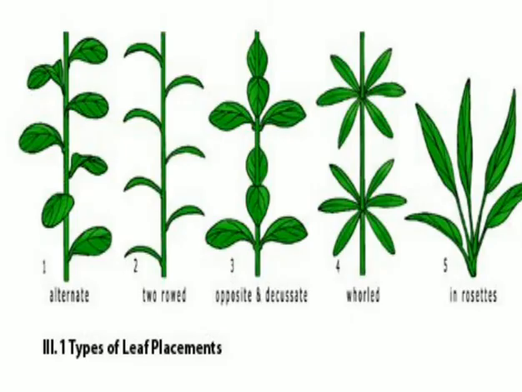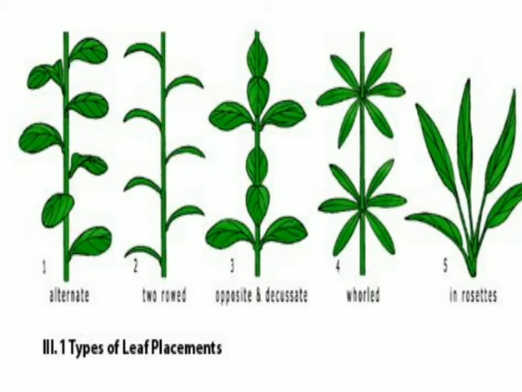Now, how does it look? You can see here. Alternate means, as I already told you, that leaves are always borne on the nodes, and if there is only one leaf present on a node, for example like this, this is called the alternate arrangement of the leaves, or alternate phyllotaxy.